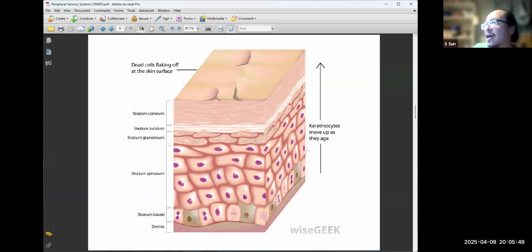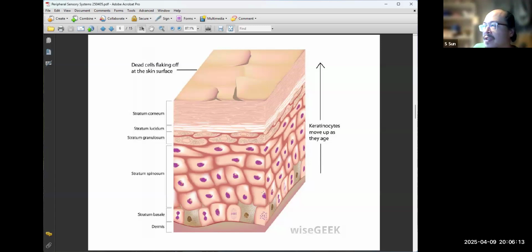Skin cells are called keratinocytes right here. And in this layer, you can see that the cells divide. A single cell becomes two nuclei, divides, and when they produce new daughter cells, they push them up.